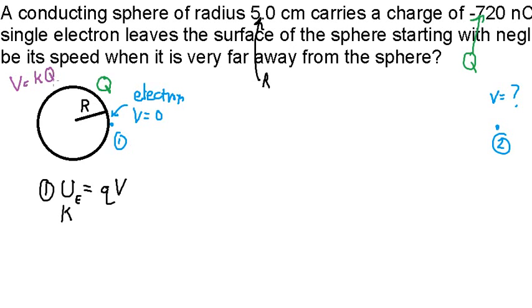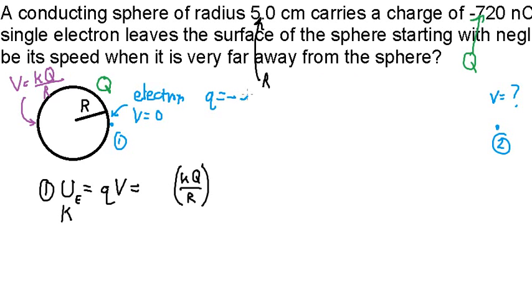The voltage here is the voltage on the surface of the sphere with charge Q, and that voltage is KQ over R, where Q is the charge on the sphere and R is the radius of the sphere. Simple enough.